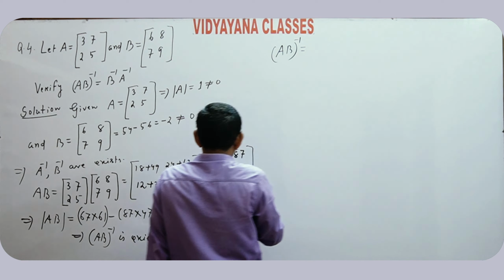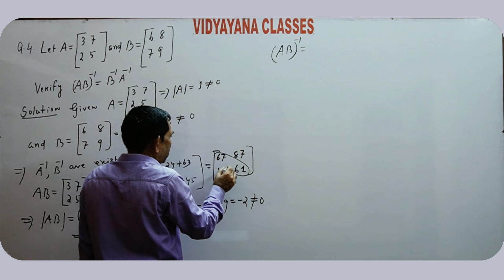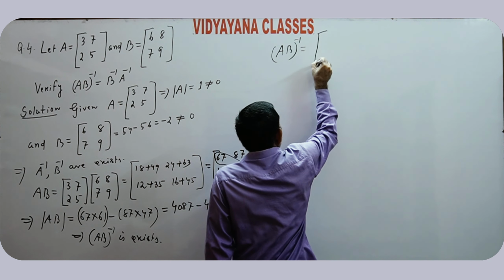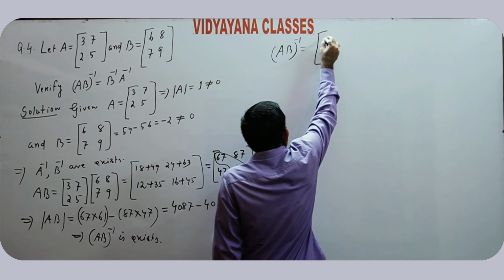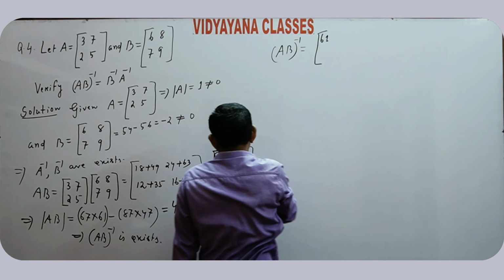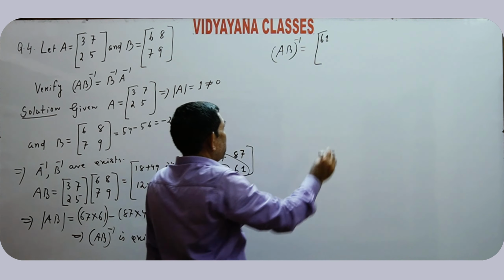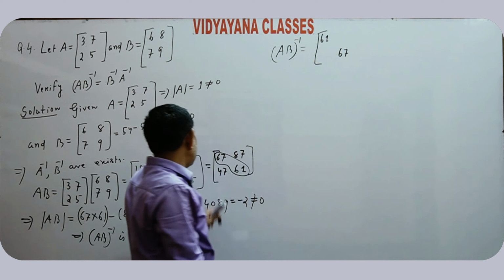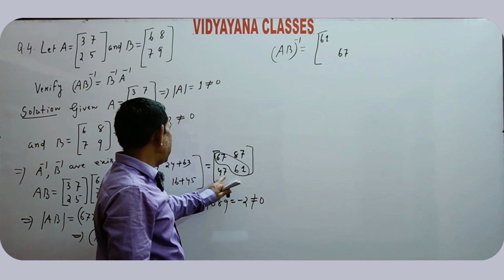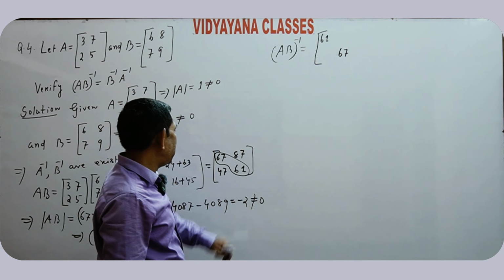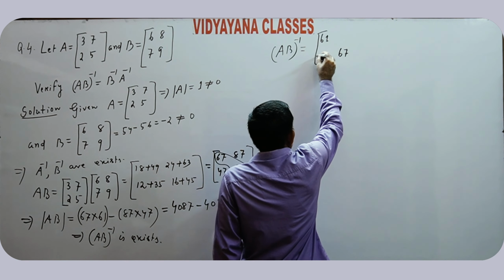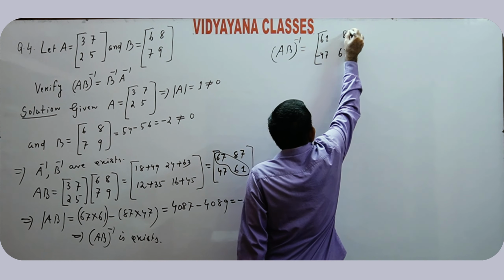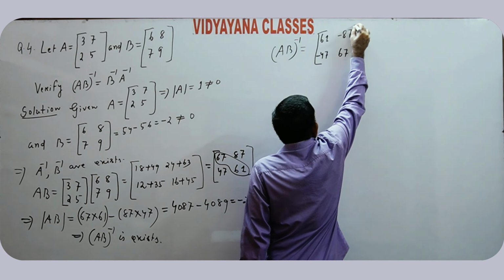Interchange the places of the diagonal elements. It gives 61 and 67. Change the signs of 47 and 87: minus 47 and minus 87.